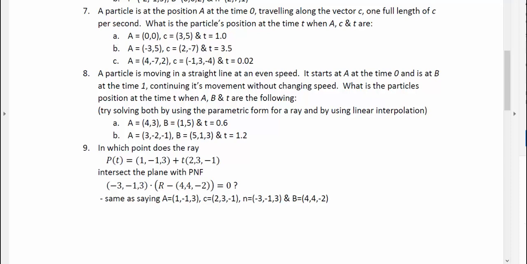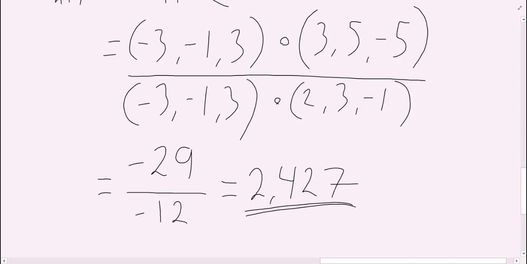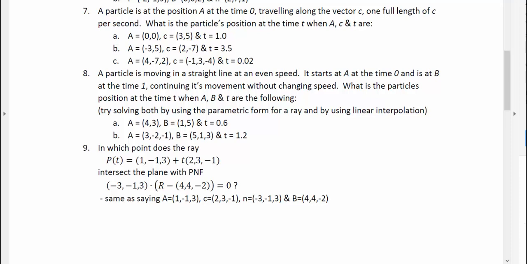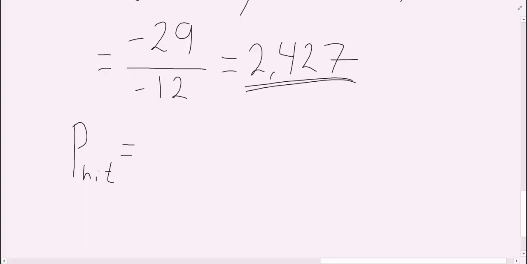However, the question here is, in which point does the ray intersect with the plane? So we need to continue, and we say p-hit, which is what we're actually looking for, equals a, (1, -1, 3).